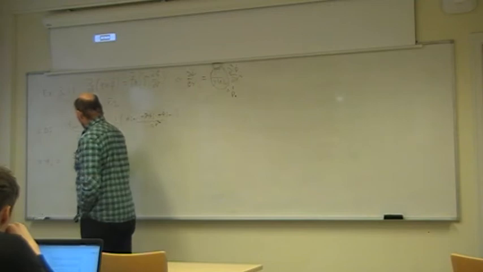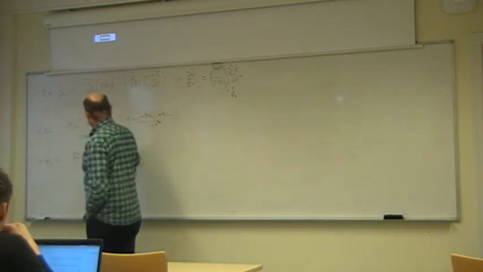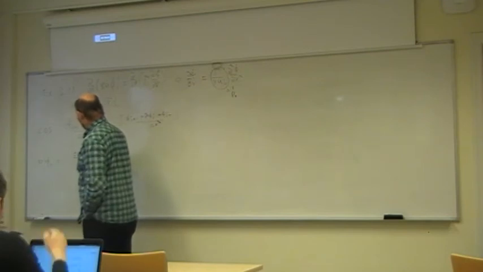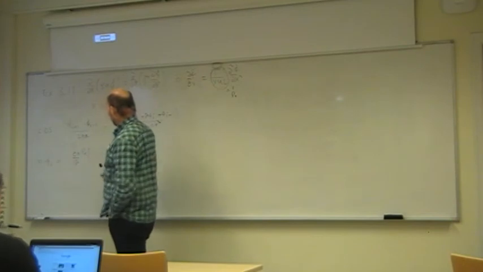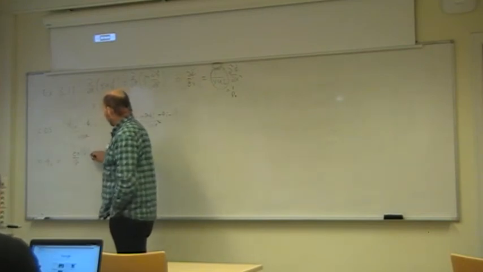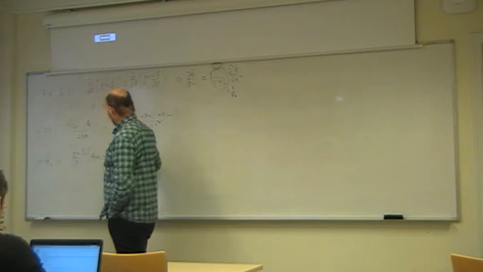So it should be something like this, delta x times Peclet divided by 2, and then I will have these two, phi i plus 1 minus phi i minus 1.